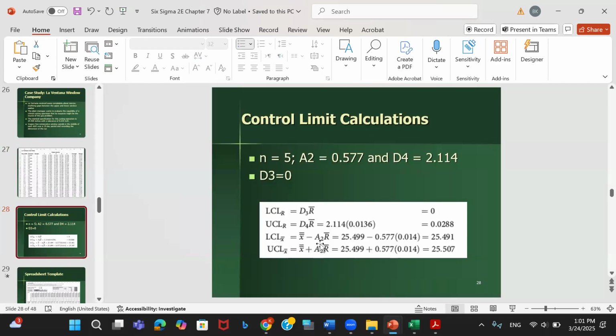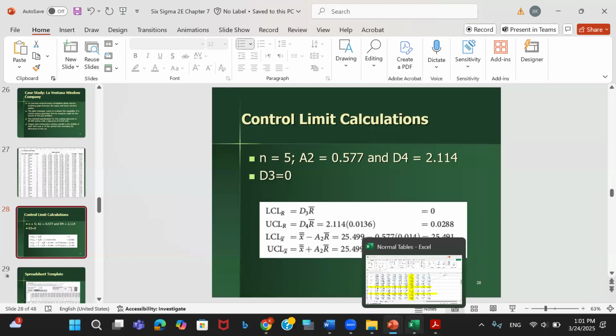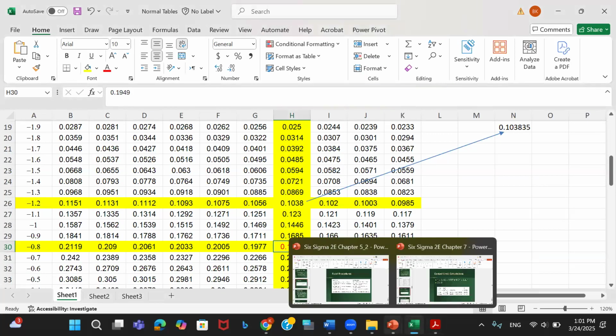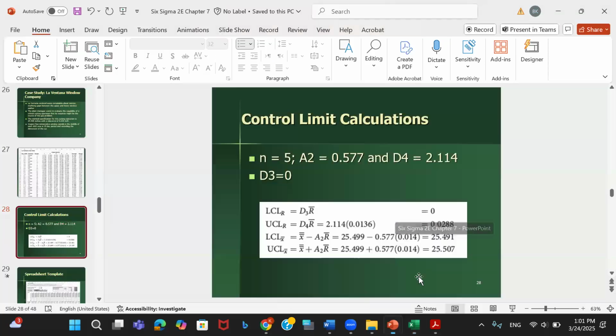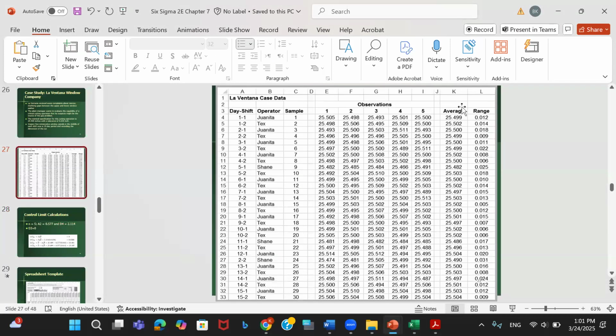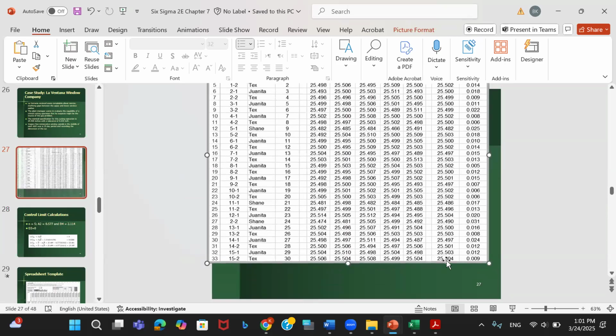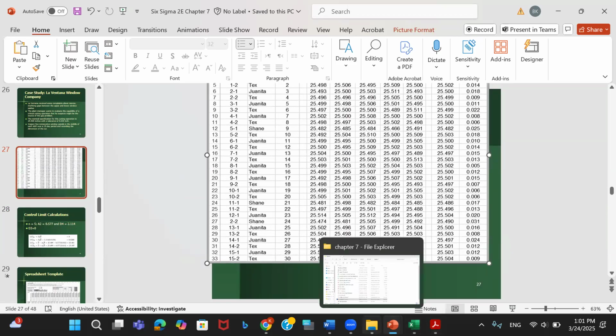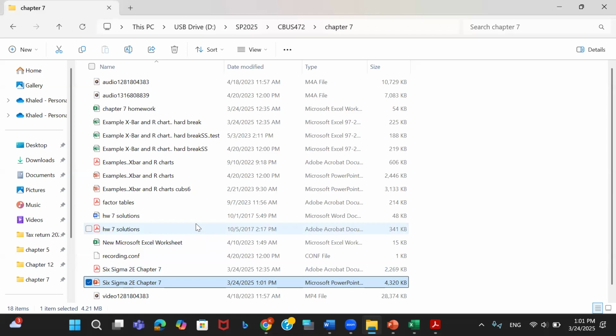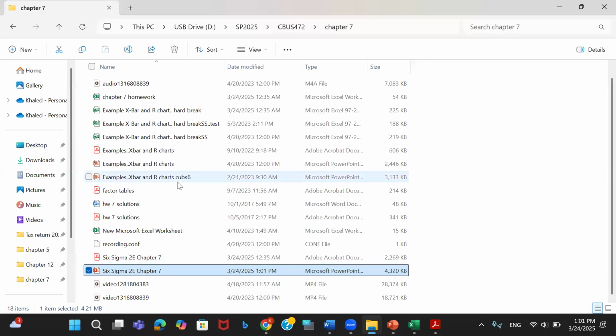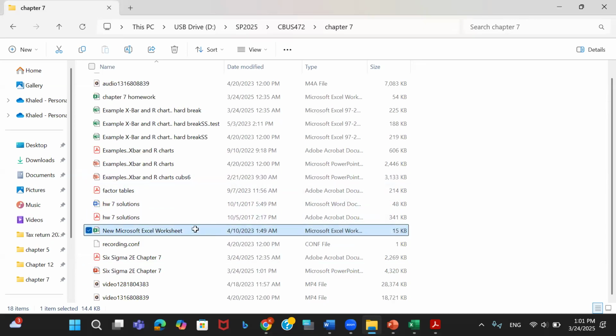And the lower control limit for X bar is equal to X double bar minus A2 R bar. Again, X double bar, this is the average. I find the average for these X bars. I think I have the data for this. Let me see.